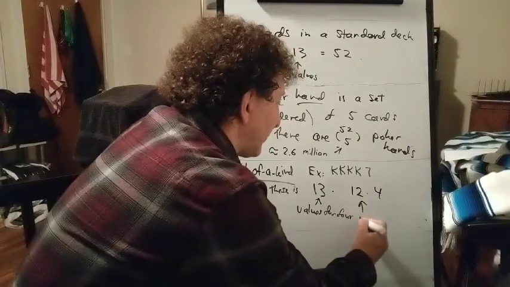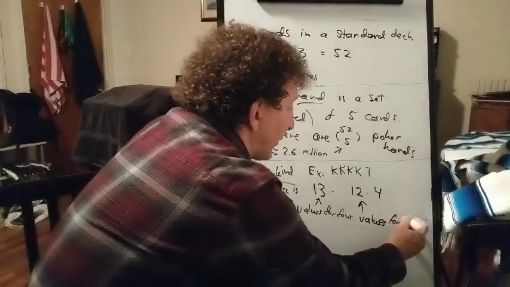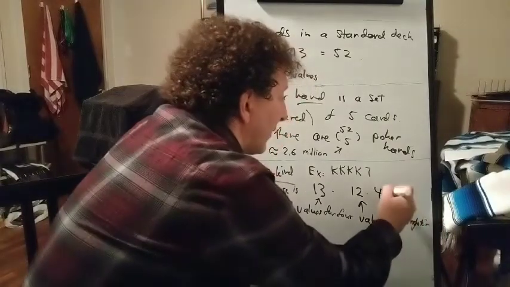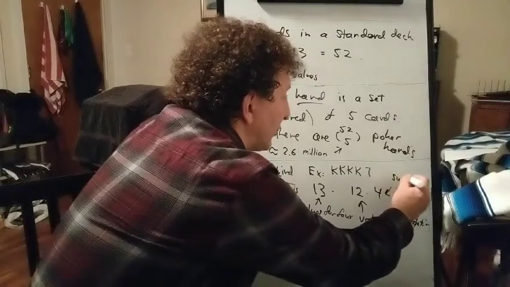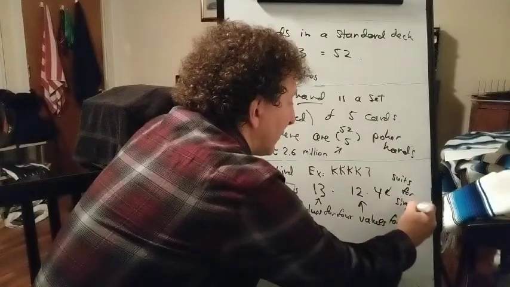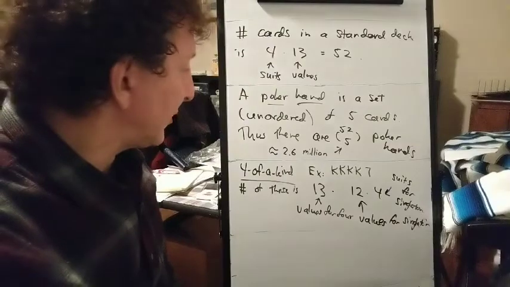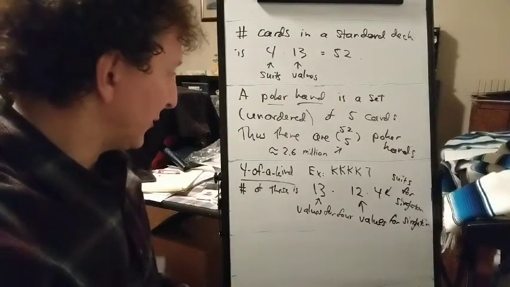So the 12 is the values for the, let's say, singleton, and the 4 is the possible suits for the singleton. So there's 13 times 12 times 4 possible poker hands that are 4 of a kind.